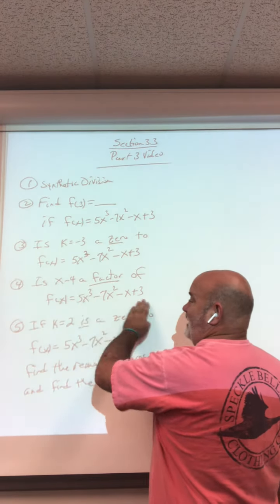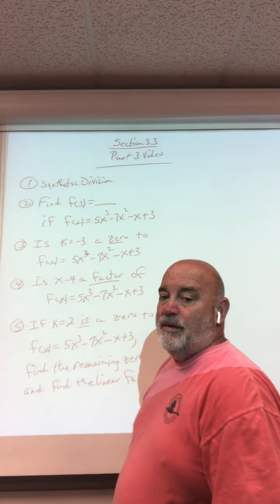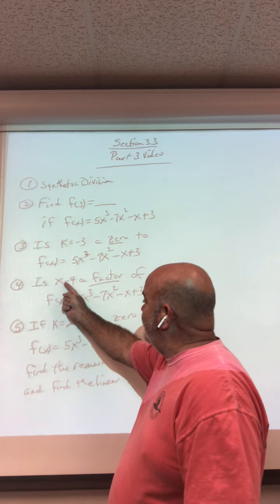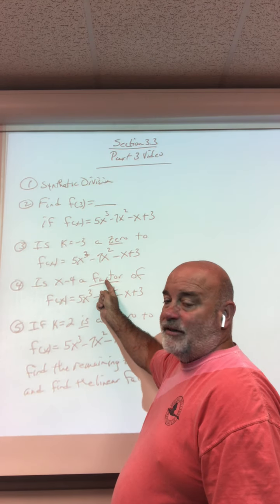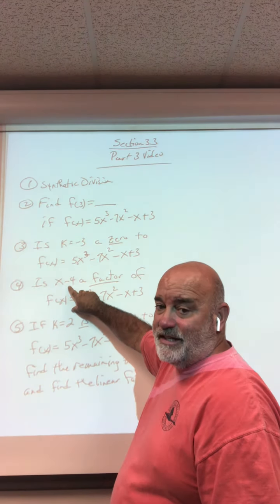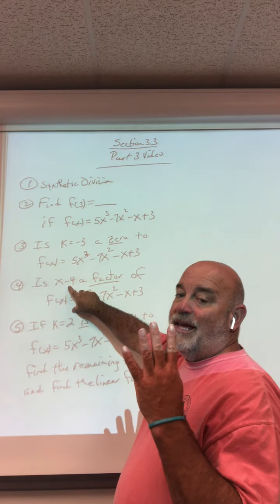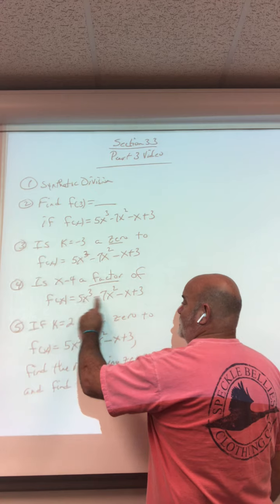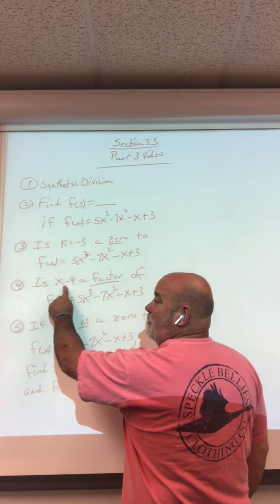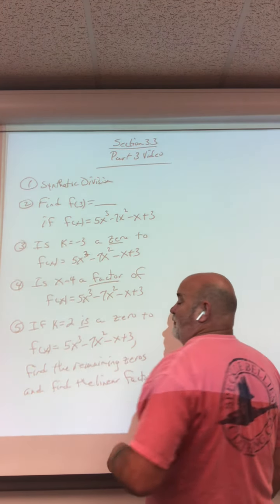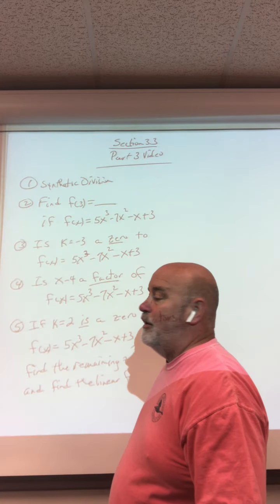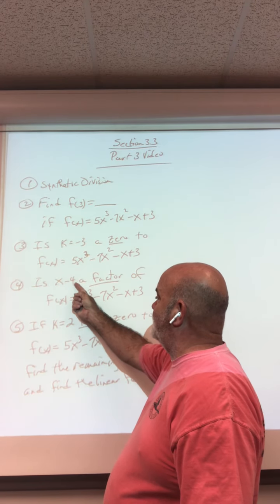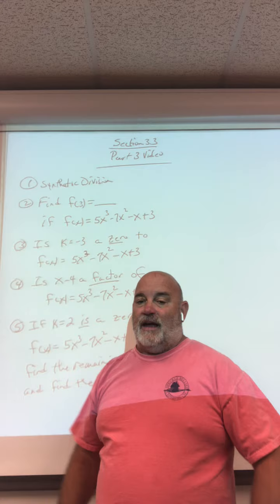Well, I can't factor this. So what we said to do is this. x minus 4 is a factor if positive 4 is a 0. So you do synthetic division on this polynomial with the number 4. If your remainder is 0, then that means that x minus 4 is one of your factors.